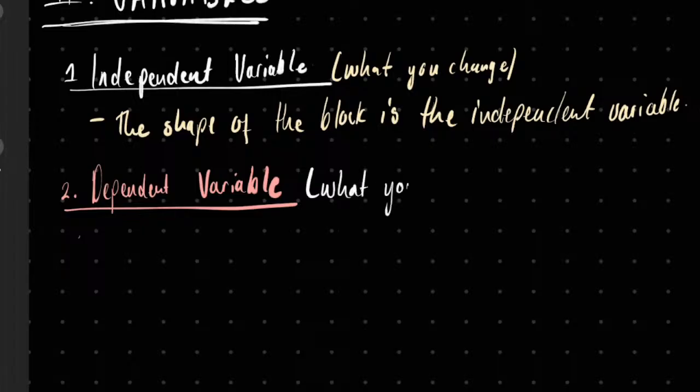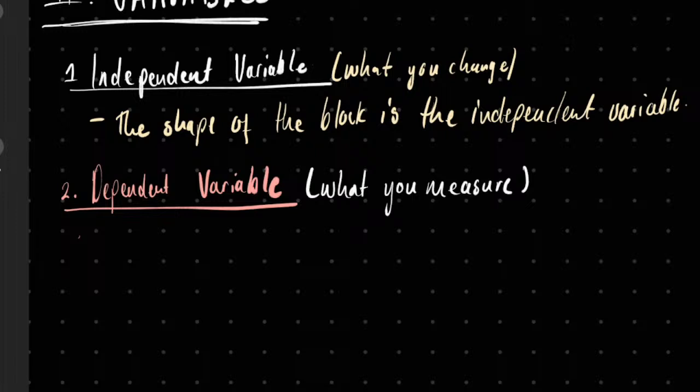What you measure is obviously what is affected by the independent variable. What is the shape of the block changing?